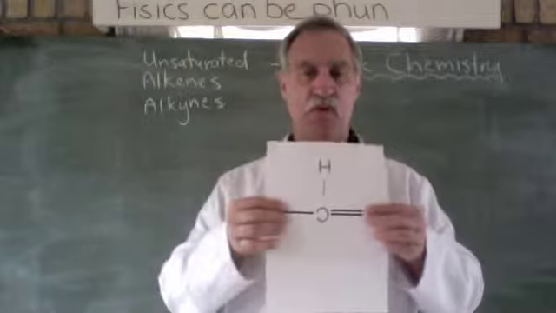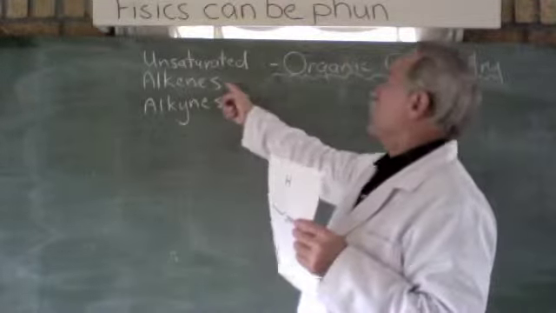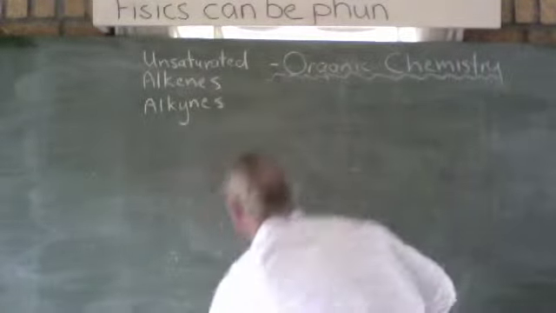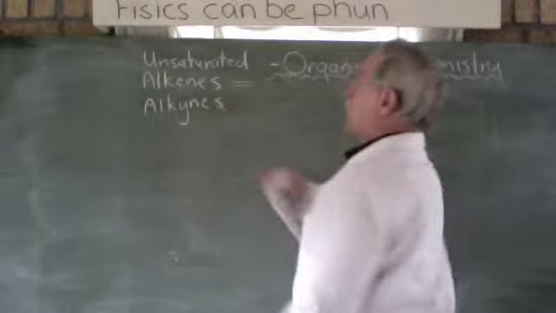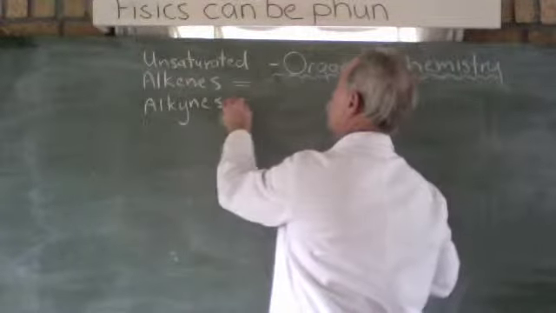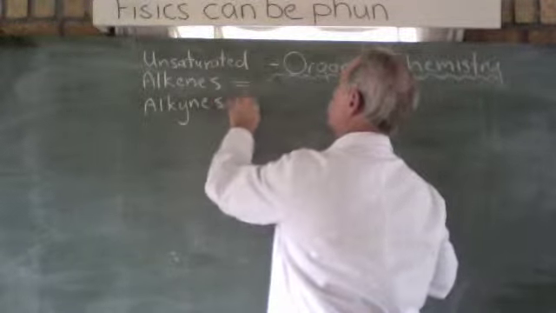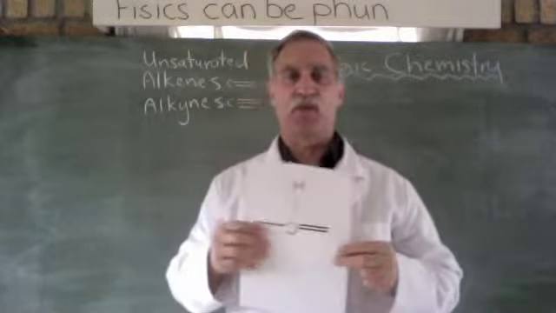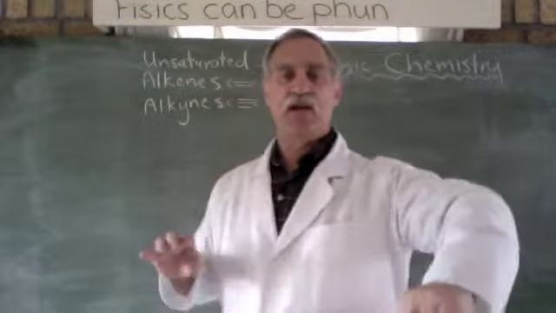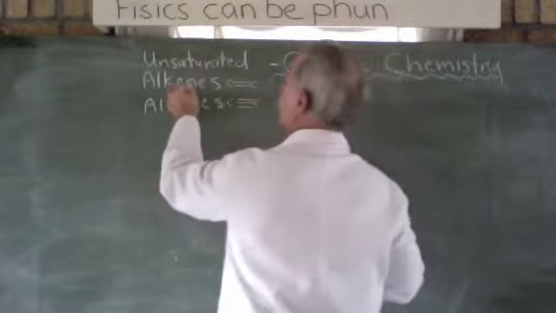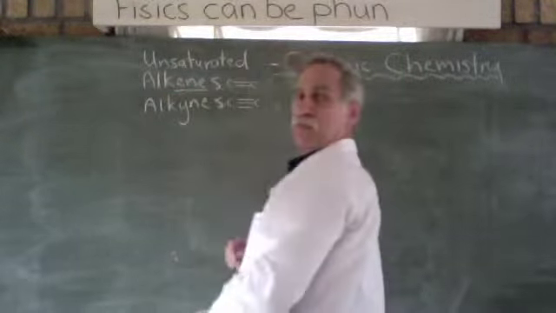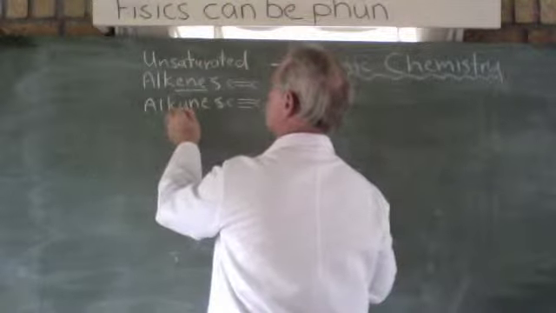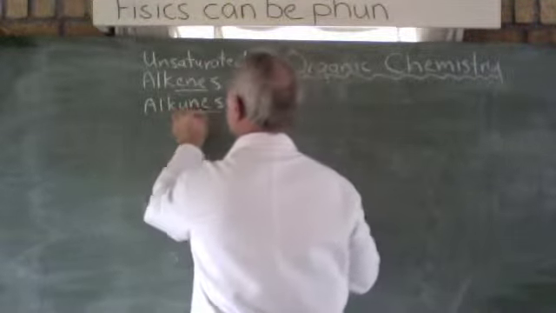But with the alkenes, we have double bonds. And with the alkynes, we have triple bonds between the carbons. So that is the difference between the alkenes and the alkynes. The alkenes' names always end in "ene", and the alkynes' names always end in "-yne".